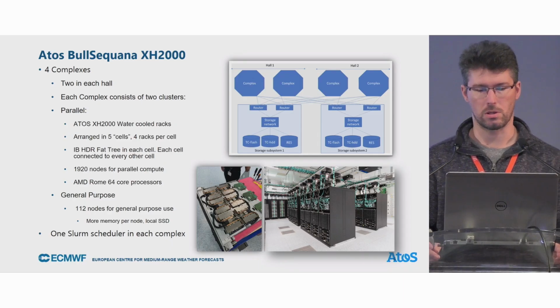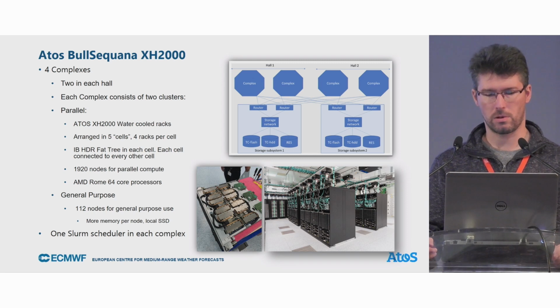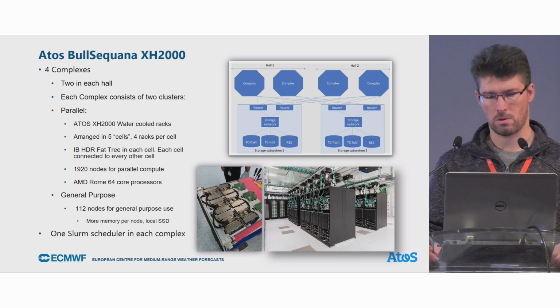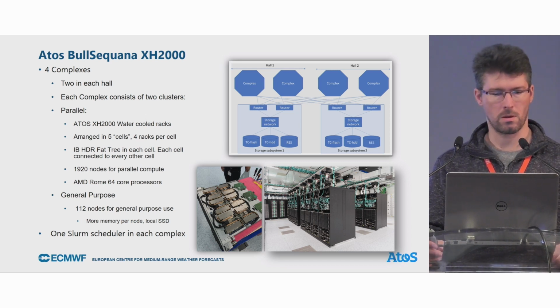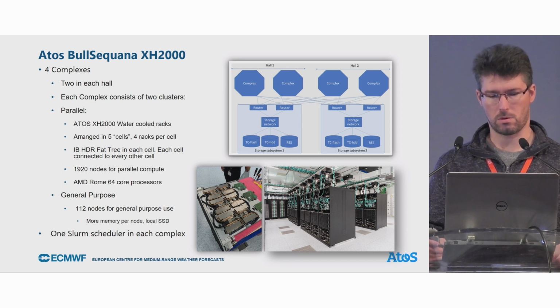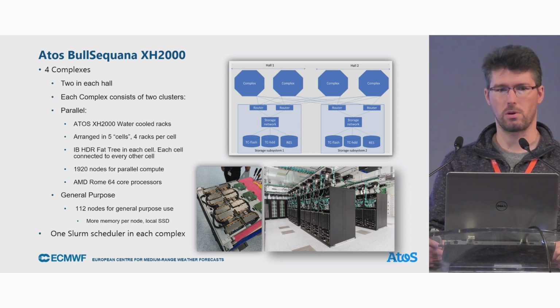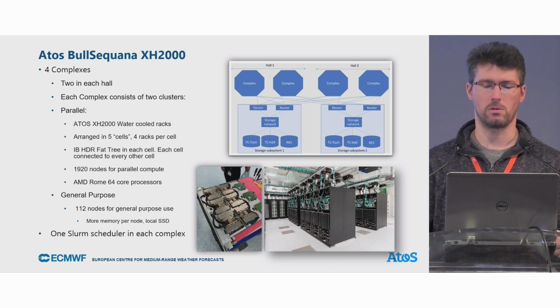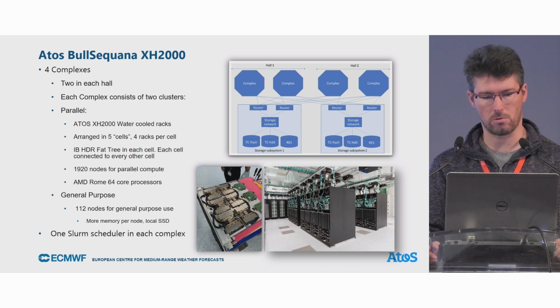One cluster is based on the XH2000, where the nodes are grouped in cells of 4 racks. There are 5 cells per cluster, which means about 2,000 nodes per cluster. There are 4 complexes divided across the 2 data halls, so we get in the end about 8,000 nodes aggregated.